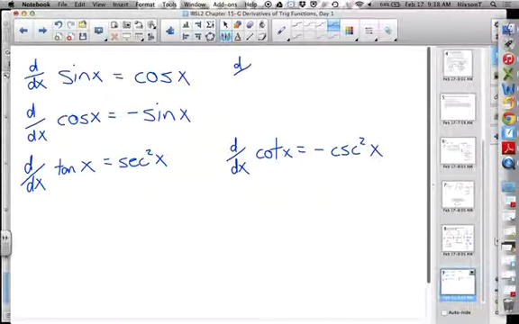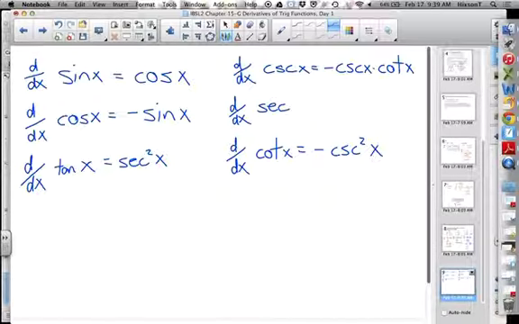The derivative with respect to x of cosecant x is a negative cosecant x times the cotangent x, and the derivative with respect to x of secant of x is a positive secant x times tangent x.